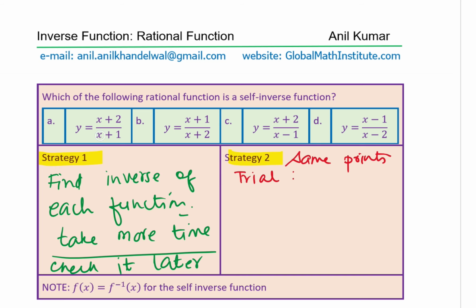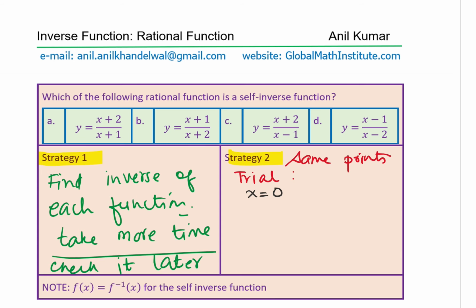Since we are given these functions, we see that the denominators are x plus 1, x plus 2, x minus 1, x minus 2. So we should not take values like plus and minus 1 and 2, because with those values, we cannot really calculate the values, correct? But a good value to take is what? Well, the best value to begin with is x equals 0.